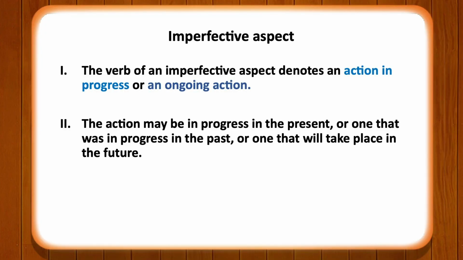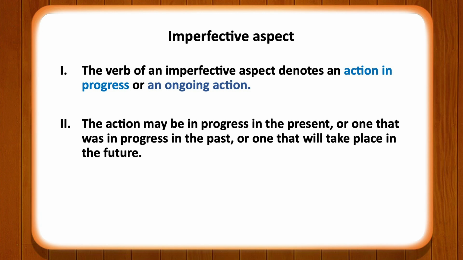Let us now understand the type of action these perfective and imperfective verbs denote. Let us begin with the imperfective aspect. The verb of an imperfective aspect denotes an action in progress or an ongoing action.